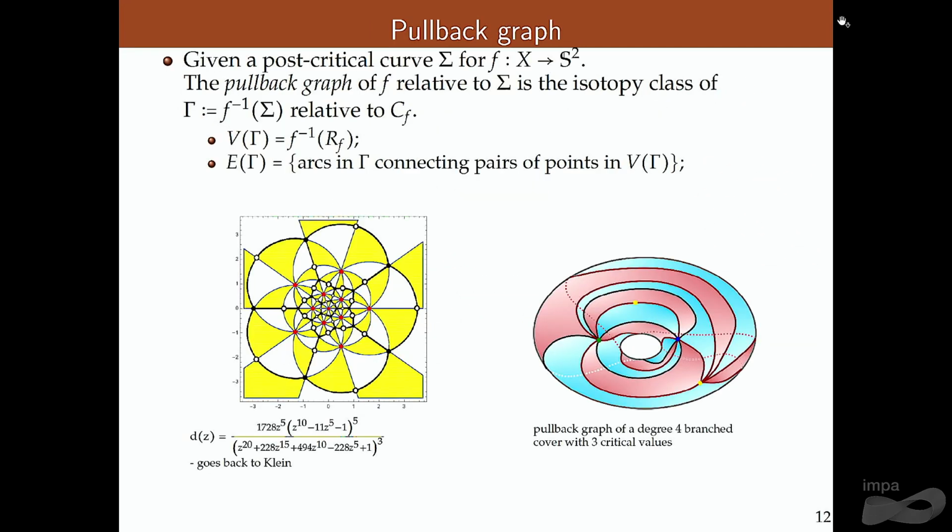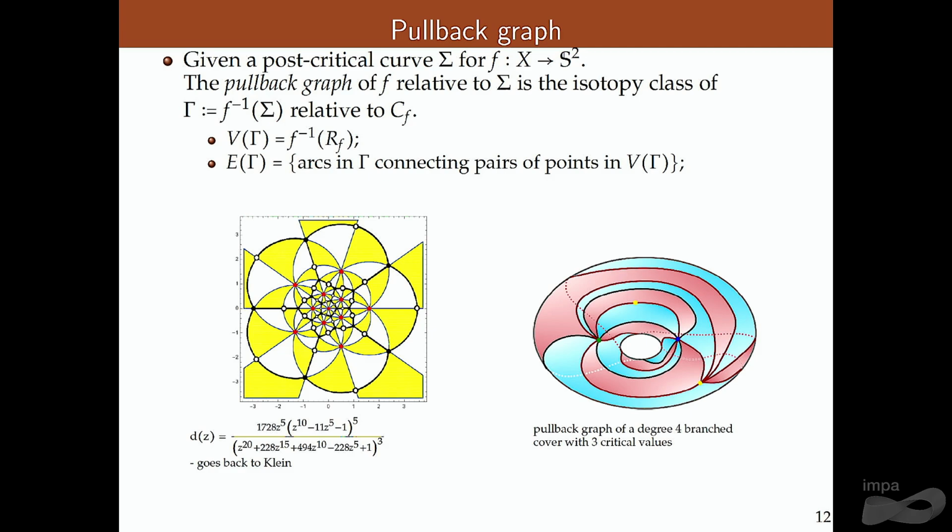Then that picture that you obtain when you take the preimage of the sphere with the Jordan curve containing the critical values and with the coloration of the two components, I will call a pullback graph.